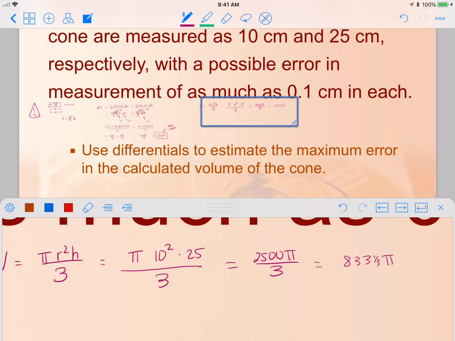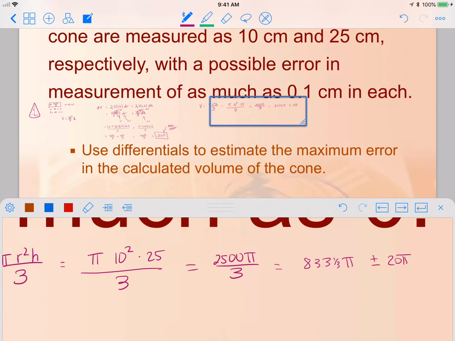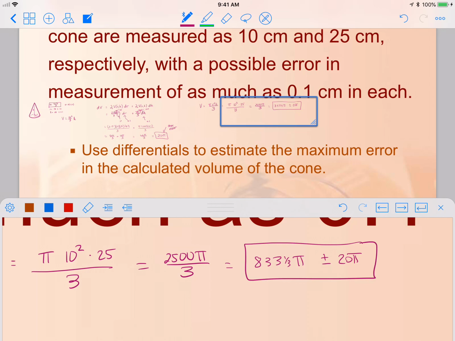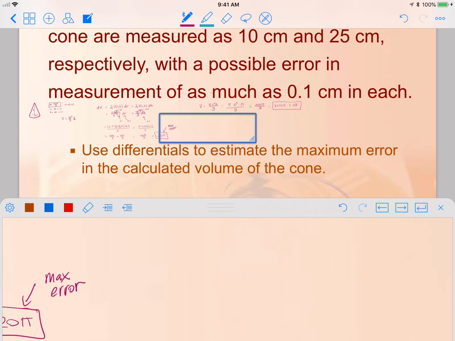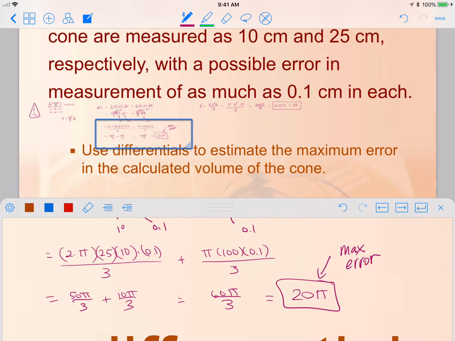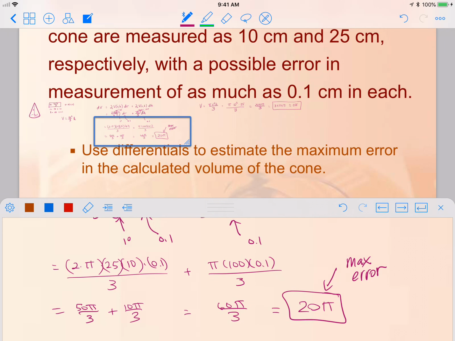And a third pi. Now we'll say plus and minus 20 pi, right? Because it could be that you have an error of plus or minus 20 pi. The reason why I did the minus is, if we go back and we use negative here and here, then that's going to turn each of these values negative, so we would get negative 20 pi.